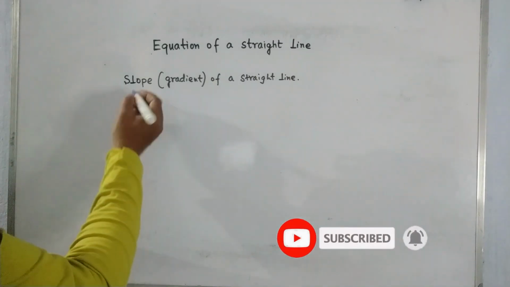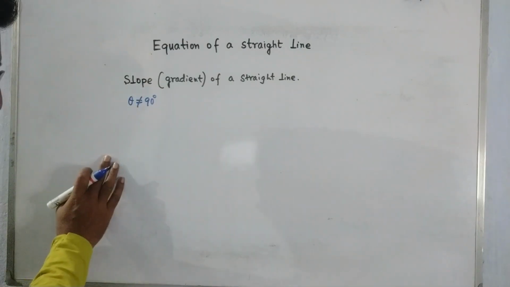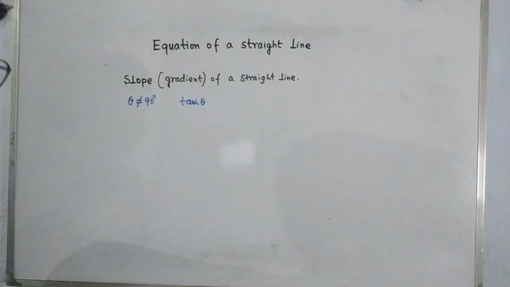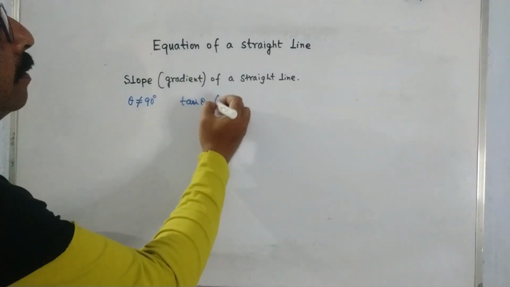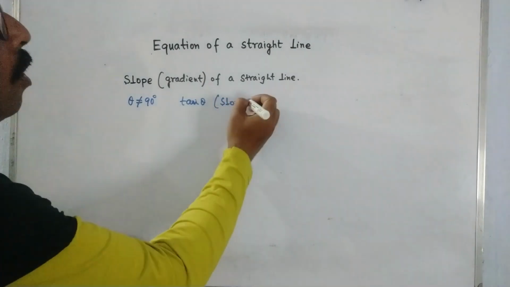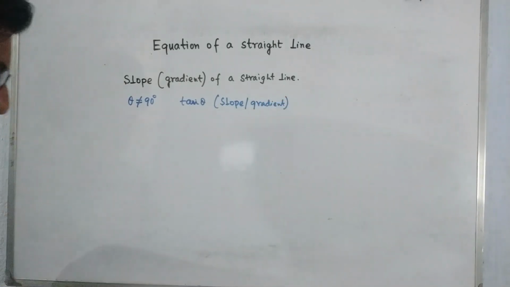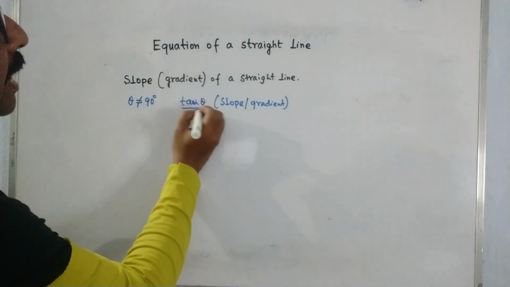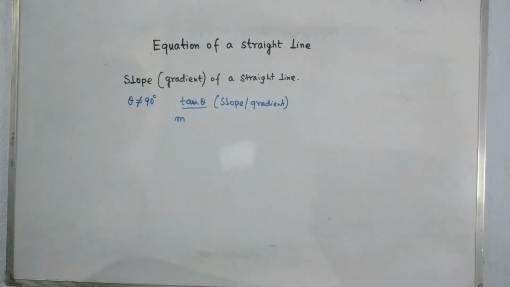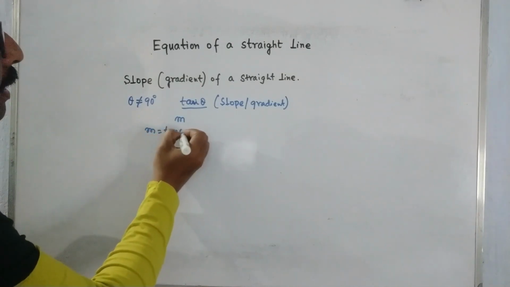The inclination is theta, and tan theta is the slope or gradient, and this tan theta is denoted by small m. So we can write m equals tan theta.